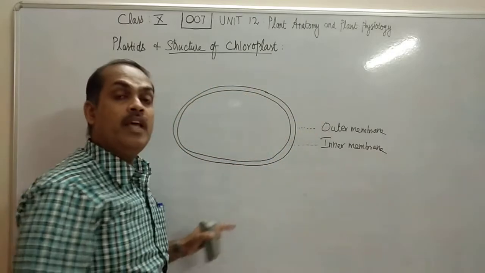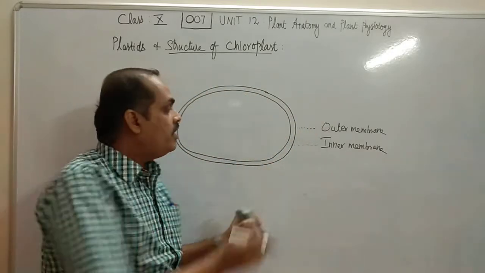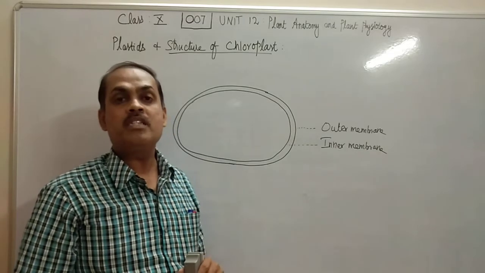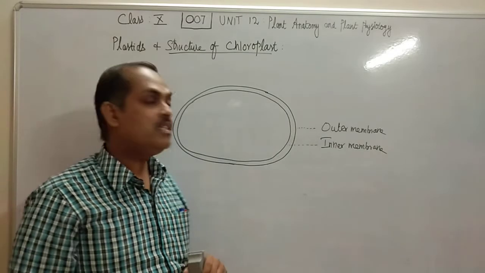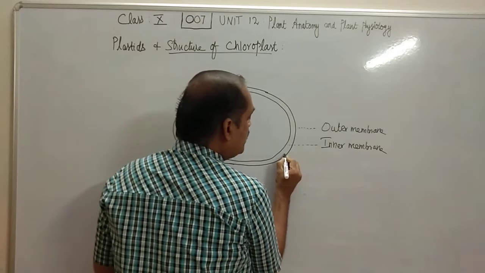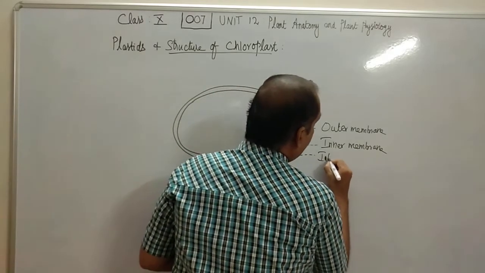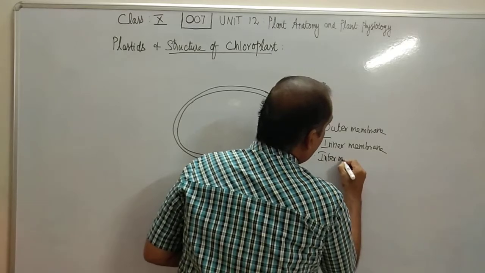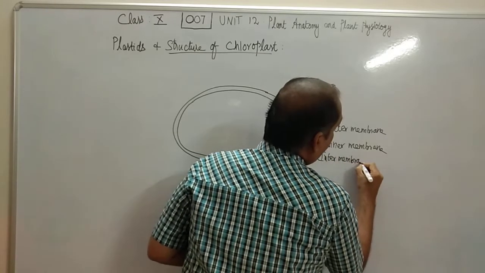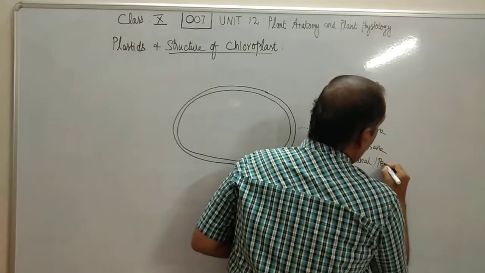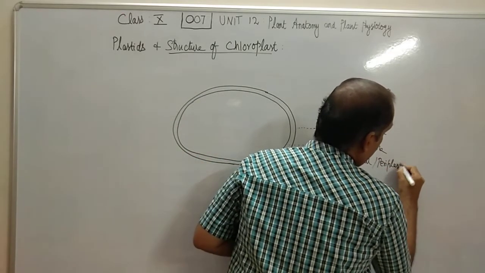And between the outer and the inner membrane, there is a space found, and this space is called as intermembranous space or periplastidal space.